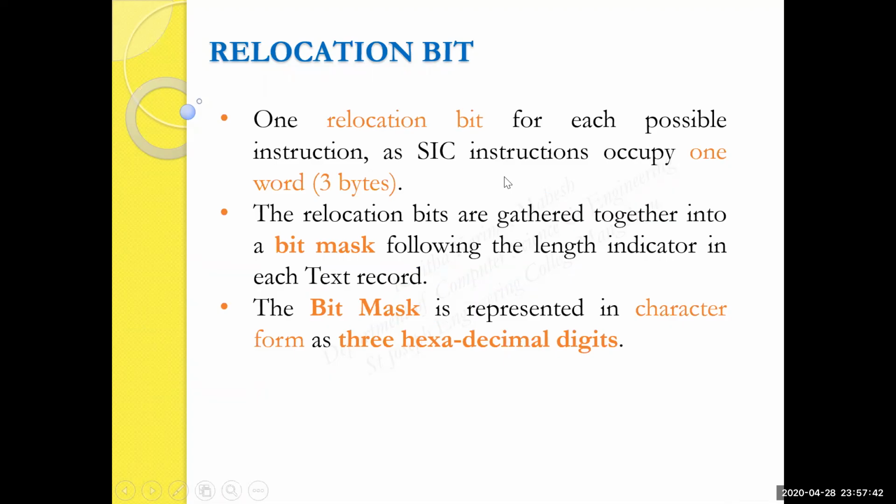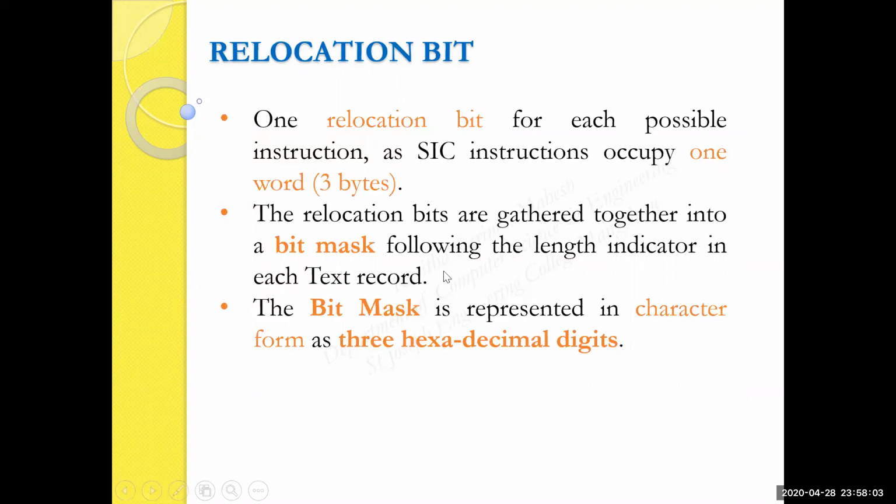You are already aware that in SIC, every instruction is assembled using a 3-byte format. So associated with every 3 bytes of object code, we place a relocation bit which says whether the instruction requires modification or not. And the question is how this relocation information is indicated in the object program.